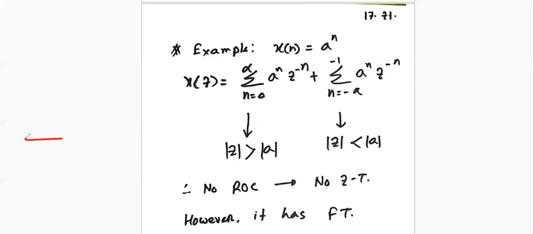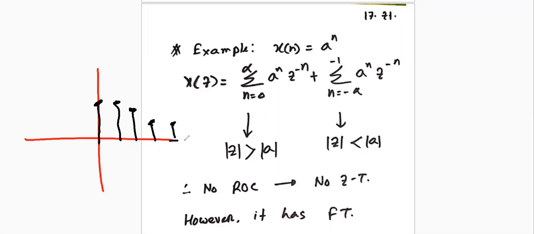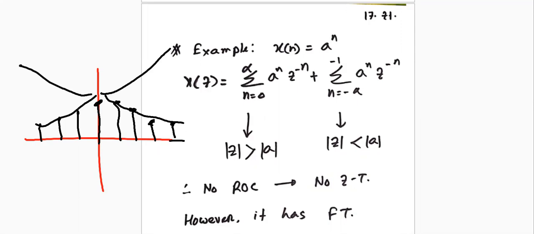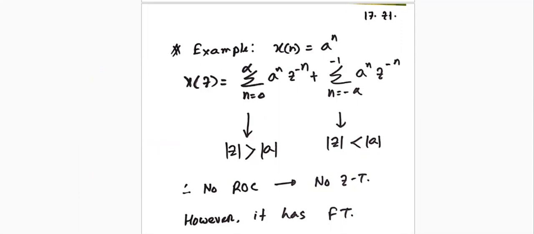So if I draw it like this, we have values on both sides, and this is an infinite series. It depends on the value of a, whether a is more than 1 or less than 1. It depends on whether it will decrease or increase with time. But this is a two-sided, infinite sequence.